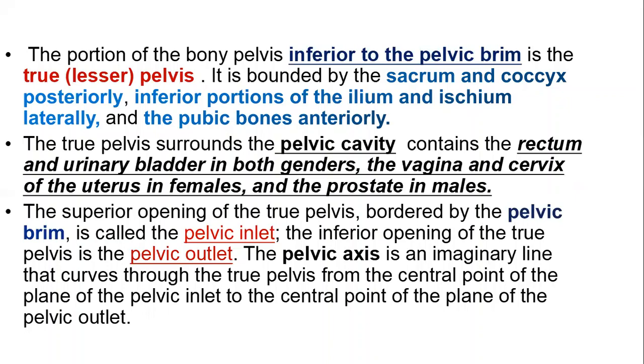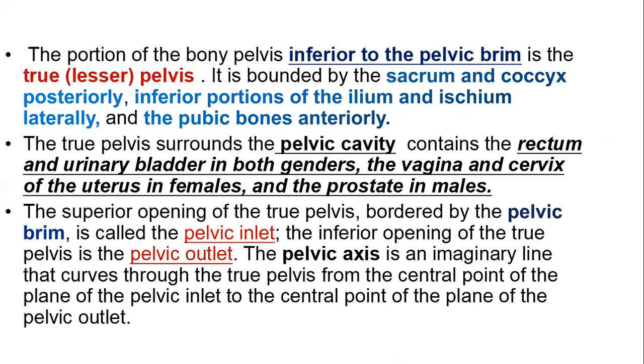Mark them, analyze them, and if you have any questions, just ask or pass them through the comment box. The superior opening of the true pelvis bordered by the pelvic brim is called the pelvic inlet, and the inferior opening of the true pelvis is the pelvic outlet.